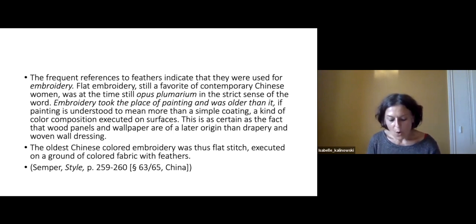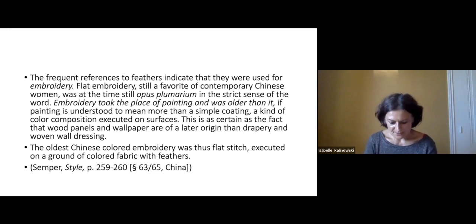Why does Semper insist so vigorously on the Chinese use of feathers? Probably for two reasons. The first one has to do with a technical problem, the transition between surface and volume, or the genealogy of relief, of sculpture.